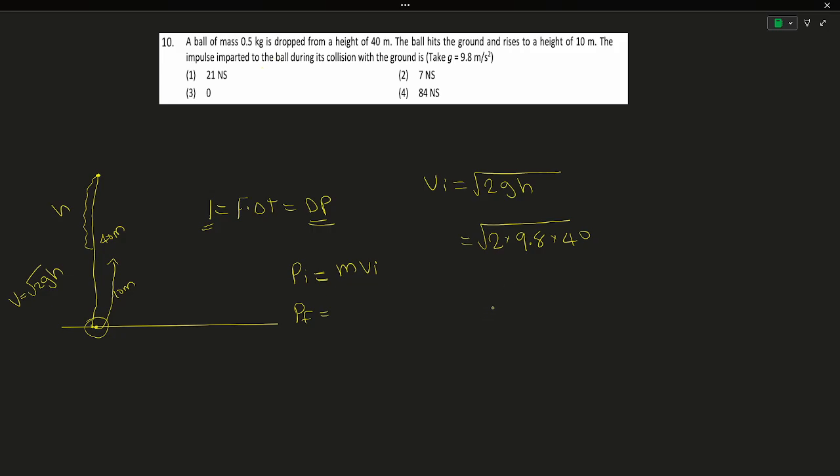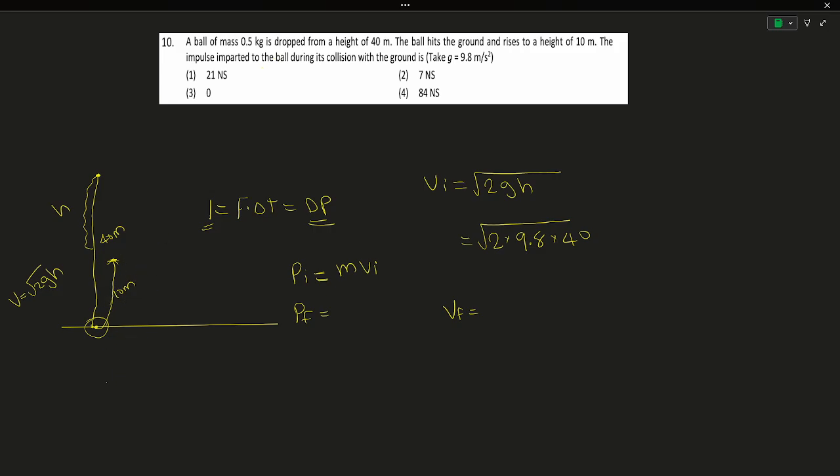And what will be Vf, the final velocity? The ball reaches a height of 10 meter after the collision, so it lost some energy during the collision.